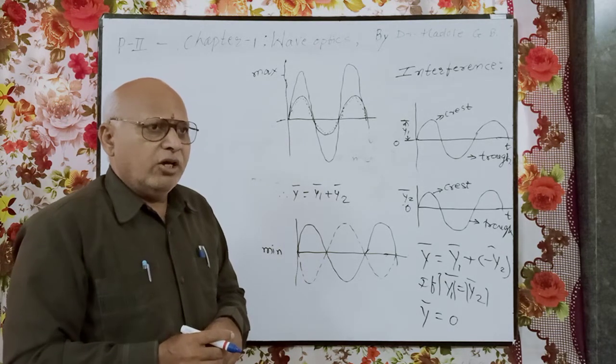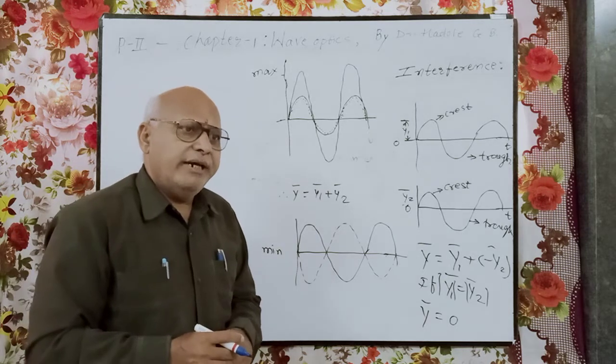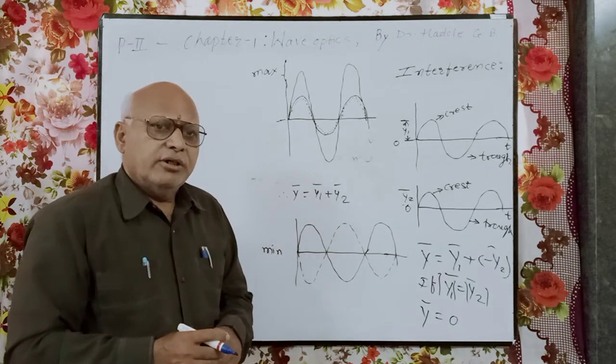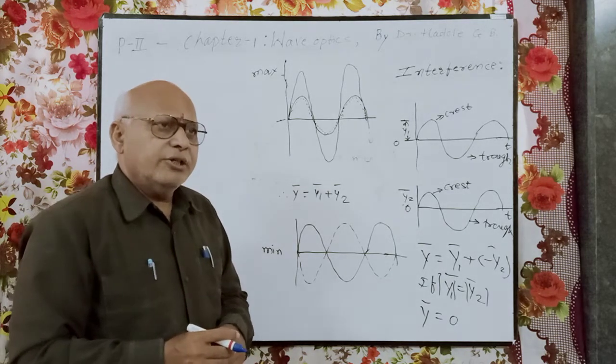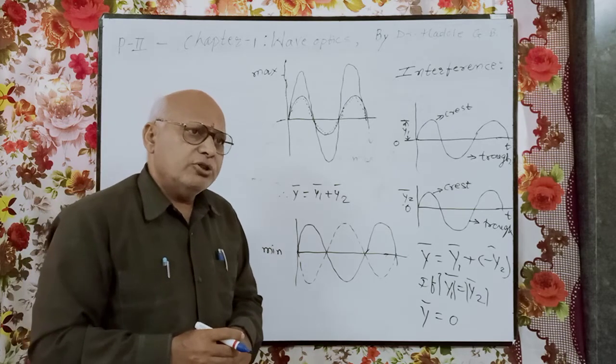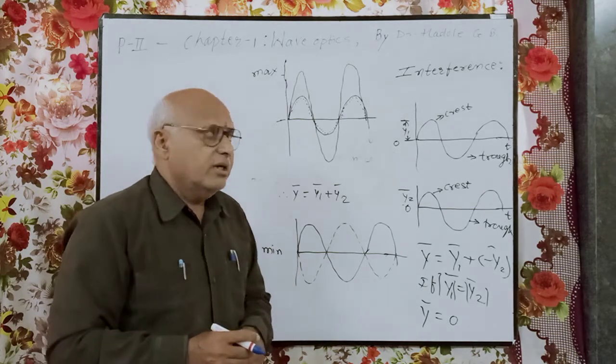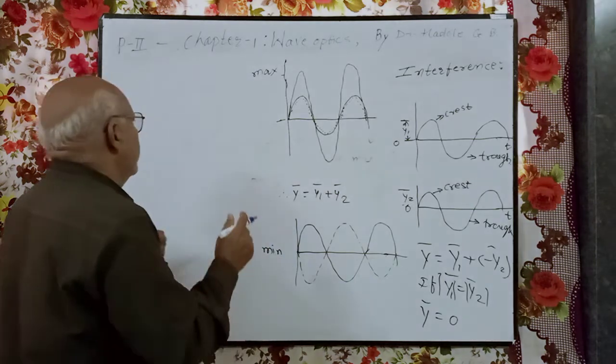And this phenomenon of redistribution of light energy or intensity of light due to superposition of two or more light waves is called interference.